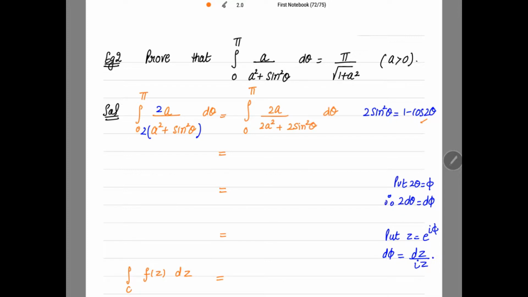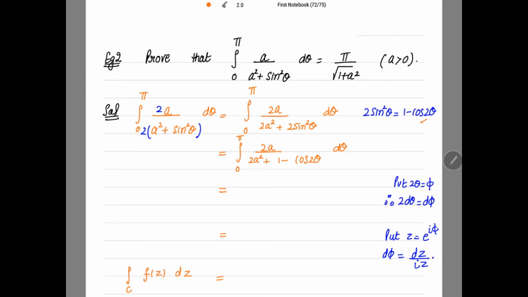And now I will put 2 sin square theta as 1 minus cos 2 theta over here. So this is 2a over 2a square plus 1 minus cos 2 theta d theta. Perfect. Now I can change the limit because now I have cos in this integration.